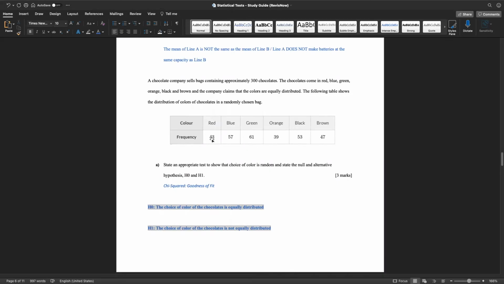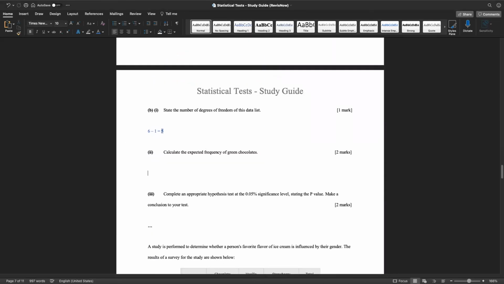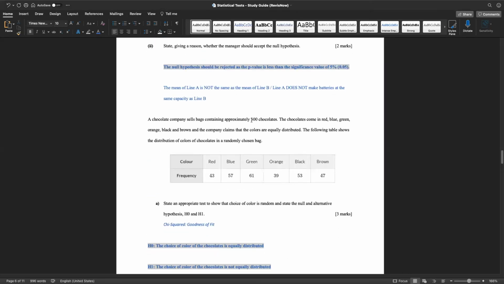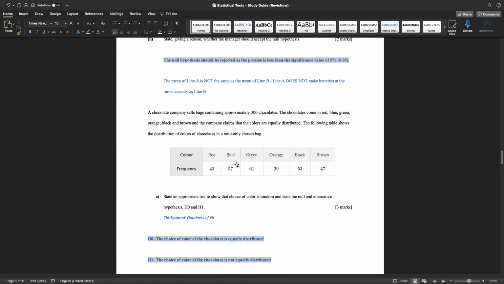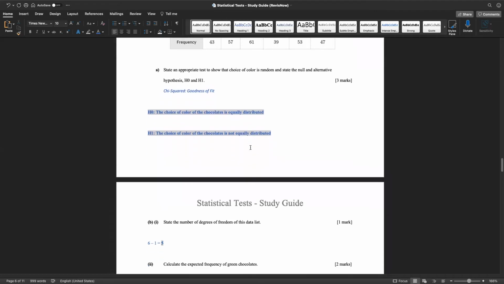So what you want to do is add each of these values up, take the sum, and then divide that by 6, which gives you 50. You could have just done 300 divided by 6, but yeah, that works too. Oh yeah, I didn't realize it's right there in the question. Yeah, just look in the question, because it usually gives you the total anyway.